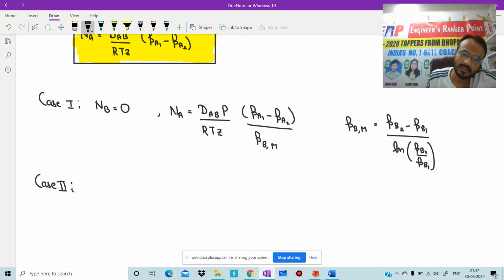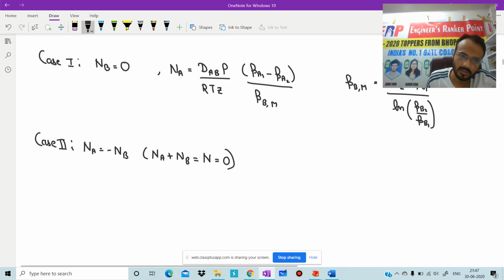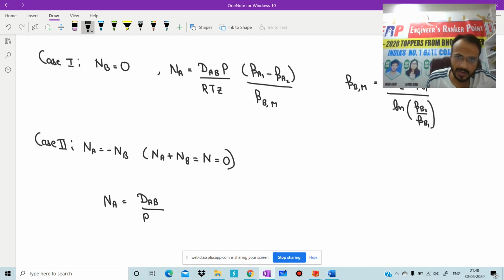It means NA should be equal to minus of NB. What does it mean? NA plus NB, that is nothing but N, should be equal to 0. Is it clear? And from this, we got NA is equal to DAB by RTZ into PA1 minus PA2.